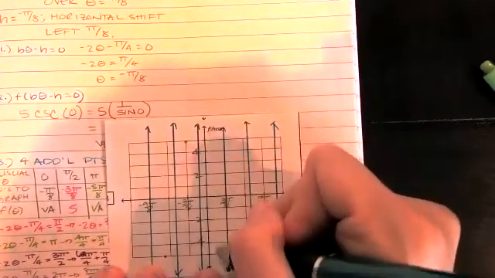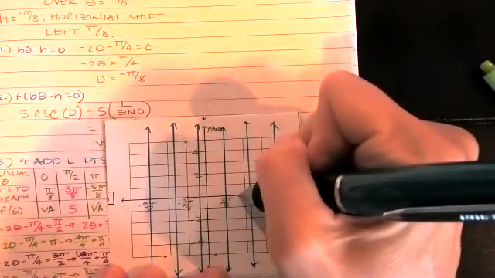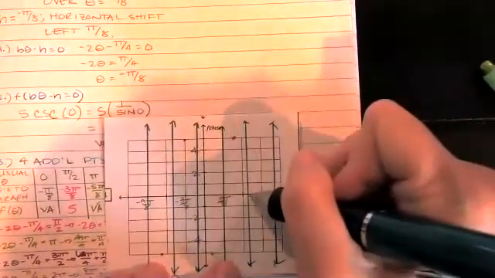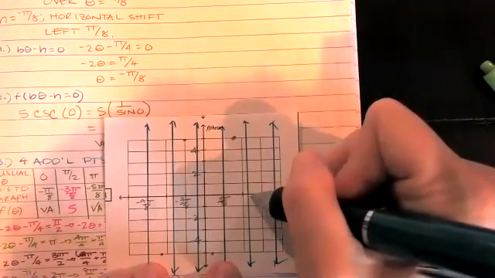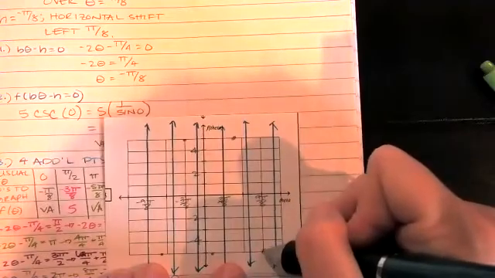Should be about there, negative 5. And that should be 1, 2, 1, 2 right here, 5. And then I think that should be a little bit 1, 2, no, that's about right. And then, so this should be down here. Okay, so our graph, but also we should have one here.